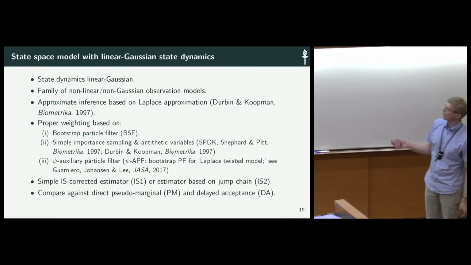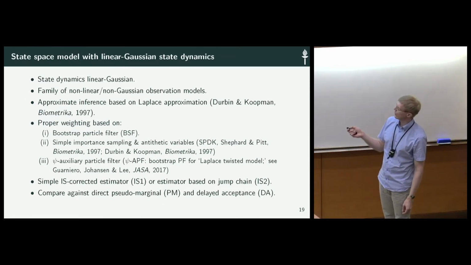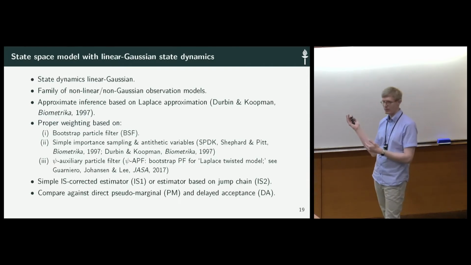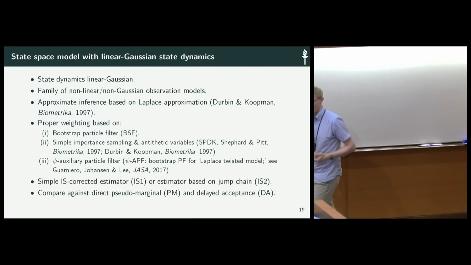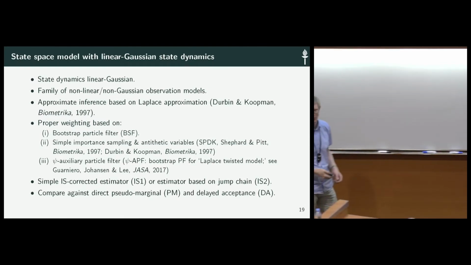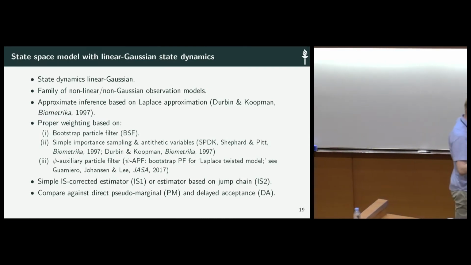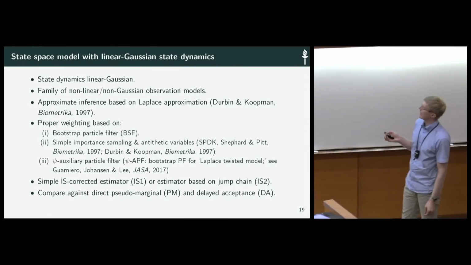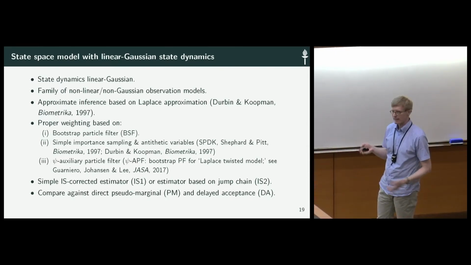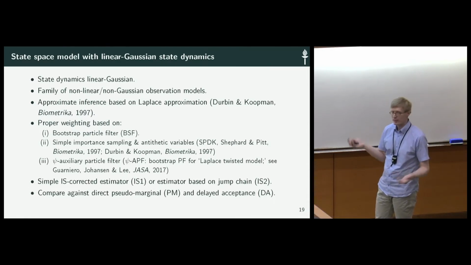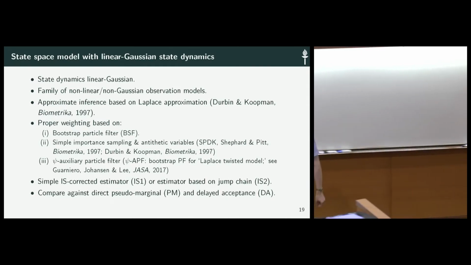But if you do the right thing to incorporate that approximation within your particle filter, a so-called psi-APF, or Pierre would probably say that this is just a change of measure and a different model, but one which is compatible with the original one in terms of expectations, then you outperform the importance sampling pretty much always.